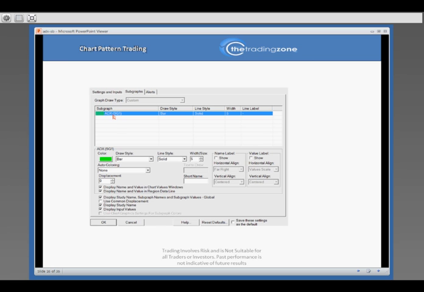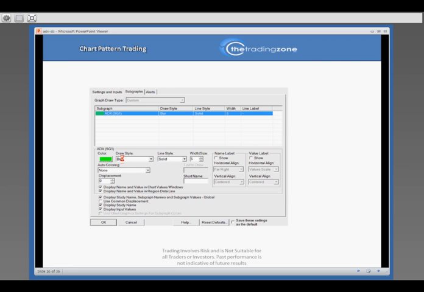Basically, here all I've done is I've selected the ADX component, and I've changed the draw style to a bar. All right? Simple enough.